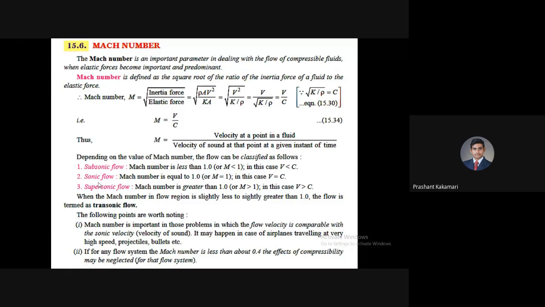Next is, if the velocity of the body, say for example, a jet plane is moving, or a bullet is fired in the air, or it may be a missile which is flowing at a very high velocity compared to the speed of sound itself.